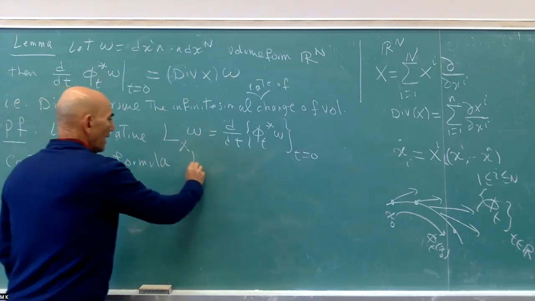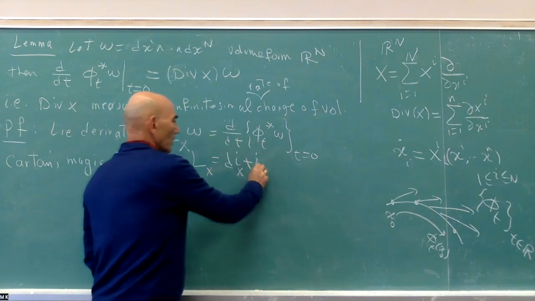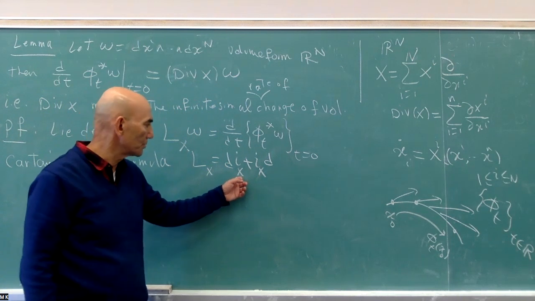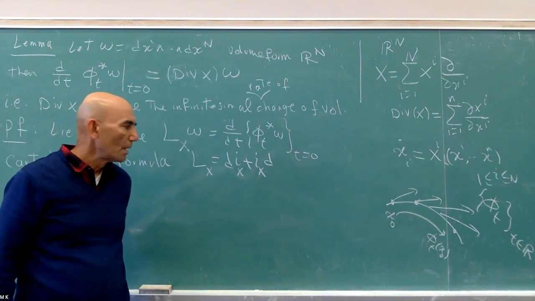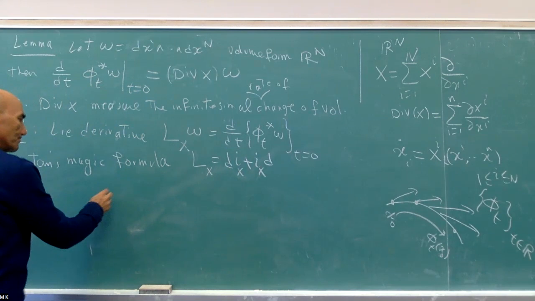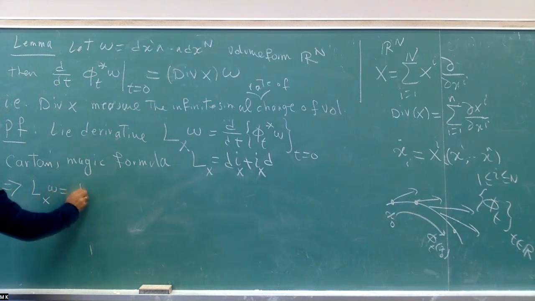It just says that L_X is equal to d i_X plus i_X d. i_X is interior multiplication, d is exterior derivative. So this formula is essential. If I apply this formula, then I get that L_X of omega equals d i_X omega plus i_X d omega.